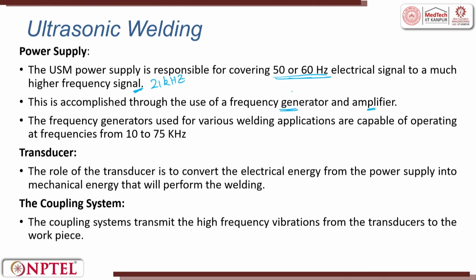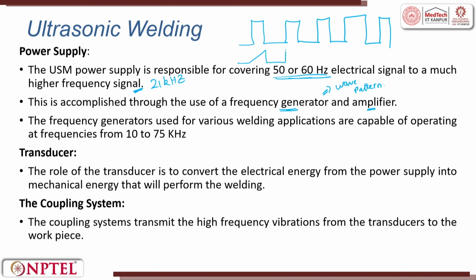In the function generator, you can also have different wave patterns. The function generator will do something like this. It is activated. Now, these are all square pulses. You can also have a sawtooth, or you can change and play with it.